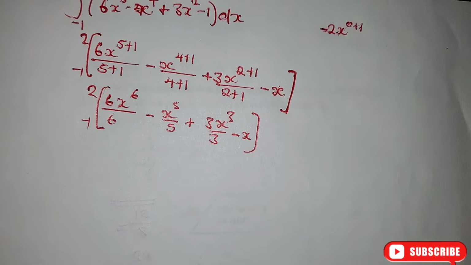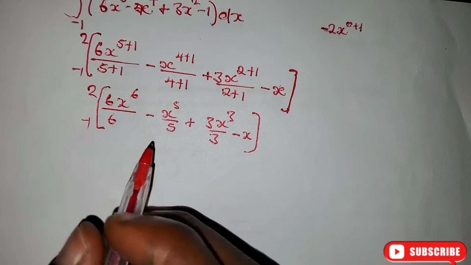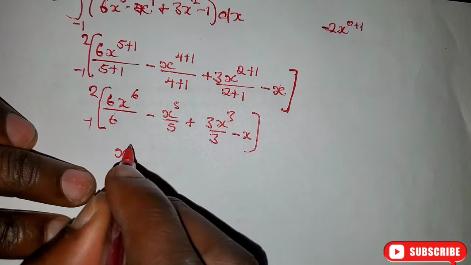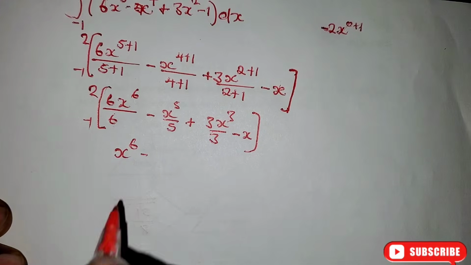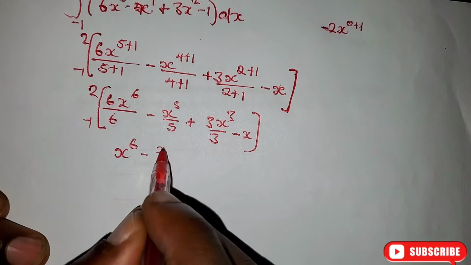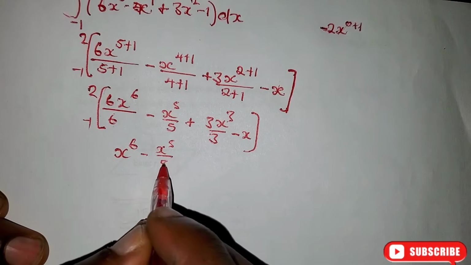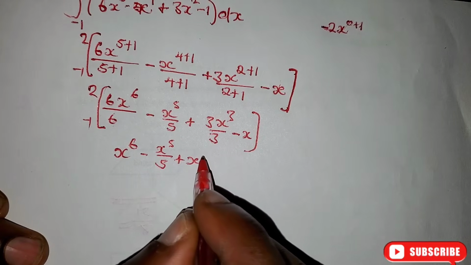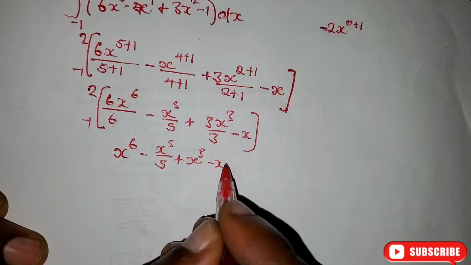Then 6 into 6 we can reduce, 6 over 6 is 1, so you just remain with x to the power 6 minus x to the power 5 over 5 plus 3 over 3 is 1, so we just have x to the power 3 minus x.